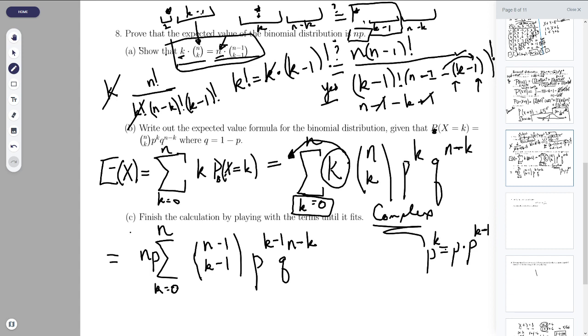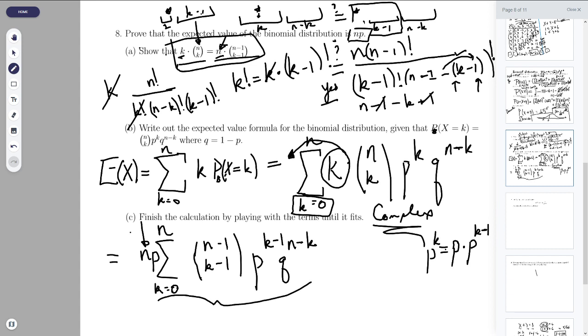And remember that p is also factorable outside of the summation, because p is not being summed over either. It's just k. So once we have all of that, we have the expected value sitting right here, and we have this summation.